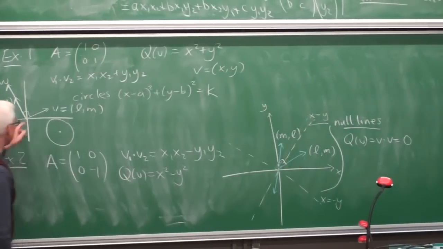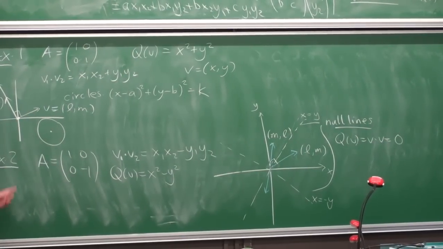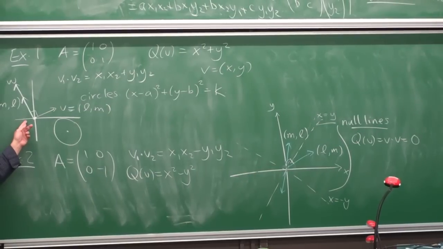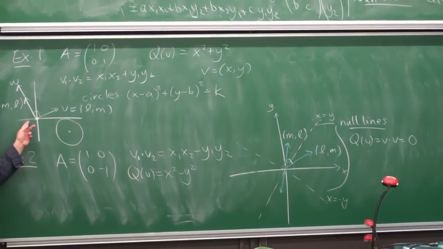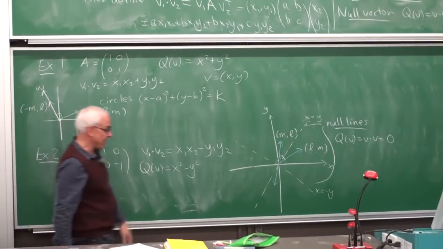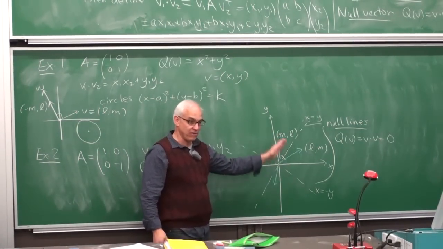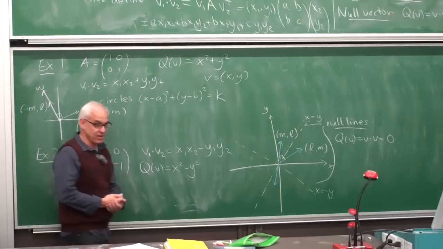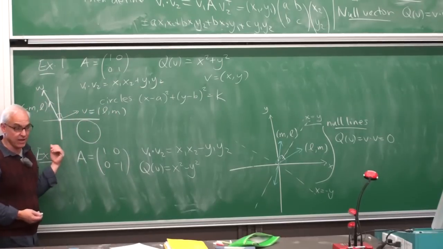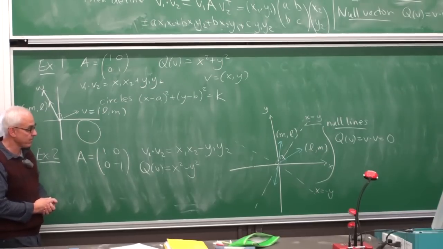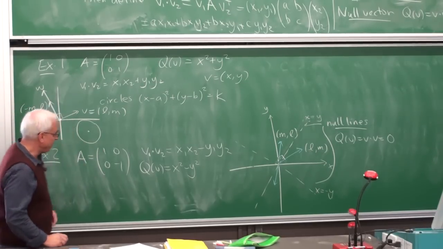In the Euclidean case, there's only one vector which is perpendicular to itself, which is the 0 vector. Here, in the relativistic setting, it's a richer geometry in some ways. We have this whole pair of lines which are all null vectors, which we don't have any analog for in the Euclidean geometry. And what about circles?